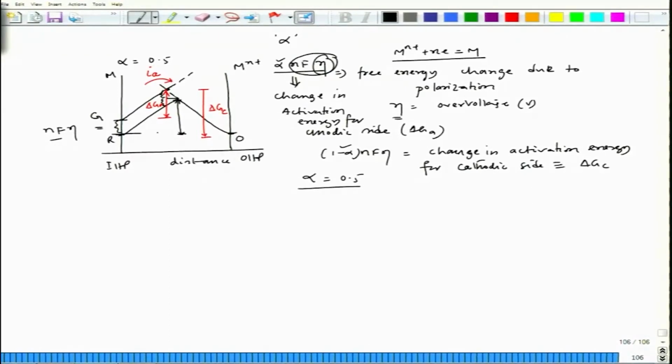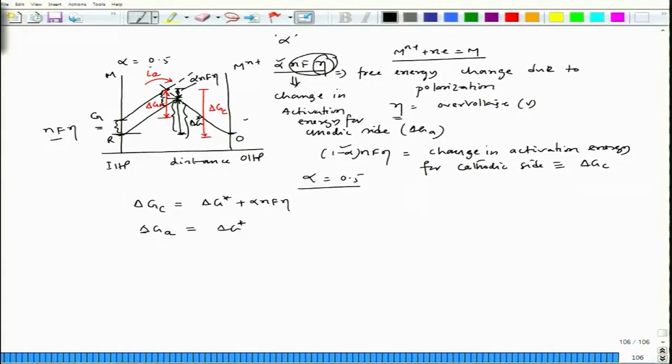Now, after this distribution, when I A is higher than I C in this particular situation, you could see that delta G C would be equal to delta G star, which is this one, plus alpha nFη, because this height plus this one is basically constituting delta G C, whereas delta G A would be equal to delta G star.